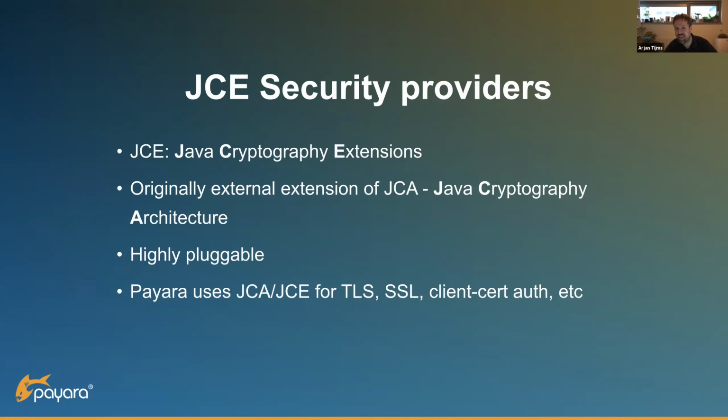When you plug it in, you can either replace an existing algorithm or an existing provider or factory, what have you, or you can augment it, so you can add an algorithm. Based on what you want, you would put your custom provider on a lower spot, meaning it will be queried first, or on a higher spot, meaning it will only be queried when the first ones are not.